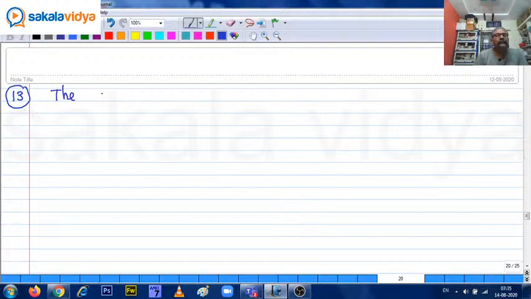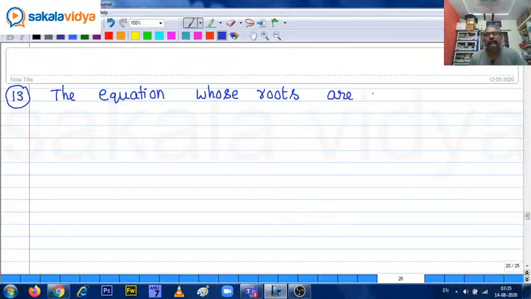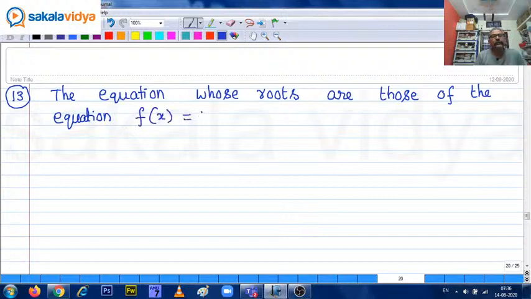The equation whose roots are those of the equation f of x equals 0 with contrary signs is. So the polynomial equation is already stated with the usual notation.